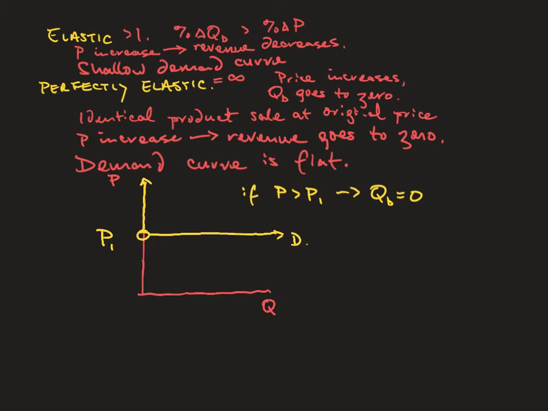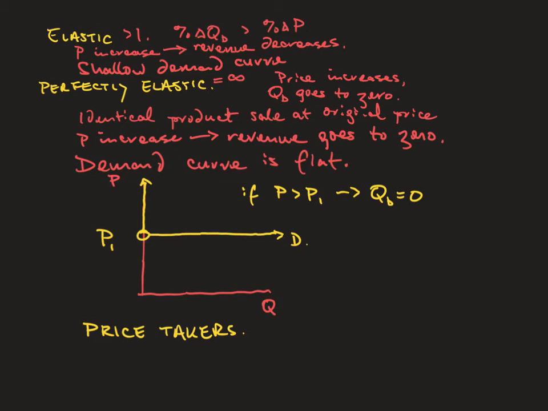This is something that we see in competitive markets: firms that are price takers face perfectly elastic demand. Think of the market for gasoline, where at each corner there are 4 gas stations selling identical gasoline.